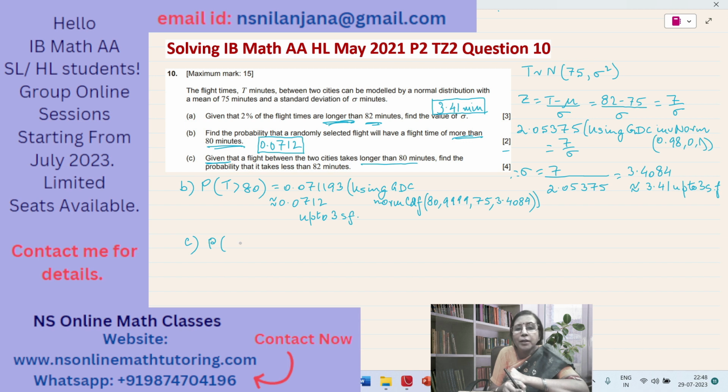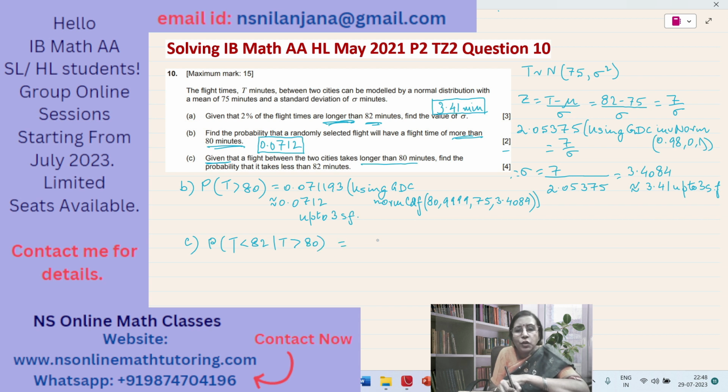And what is the probability that has to be found out? It takes less than 82 minutes: T less than 82, given that T is greater than 80.